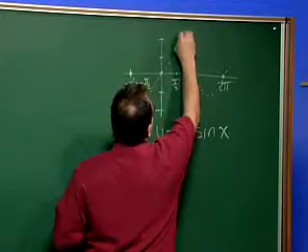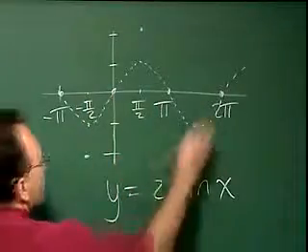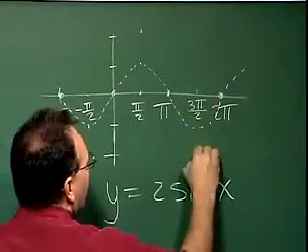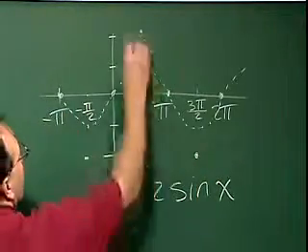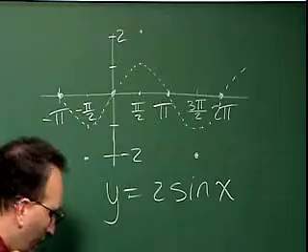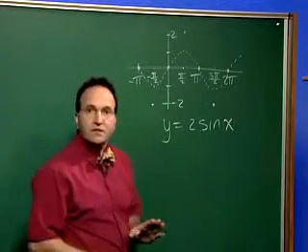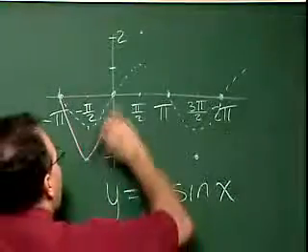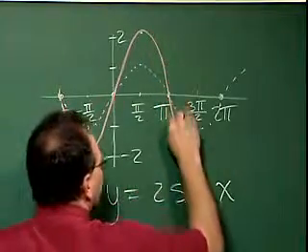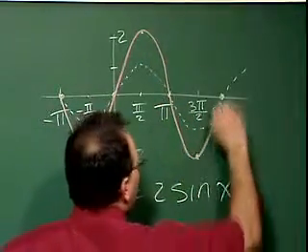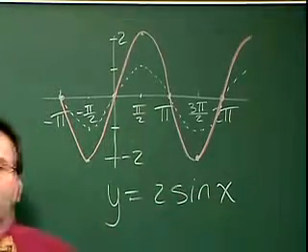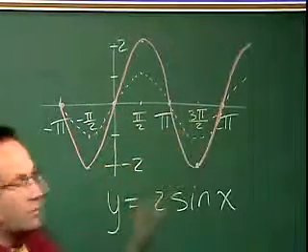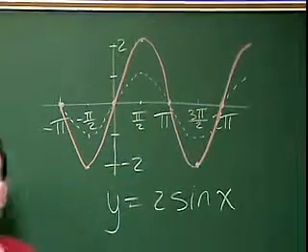So here it would go up to 2, here it would go down to negative 2, and here, which by the way is 3 pi over 2, and maybe you already knew that, it would go down to negative 2, positive 2. So let me draw that graph for you in a different color so that it stands out. The graph will have the same x-intercepts because stretching it vertically does not change anything along the x-axis where the y value is 0. So it has the same intercepts.